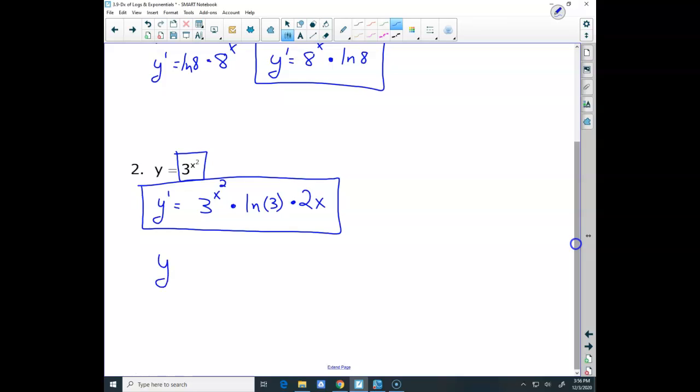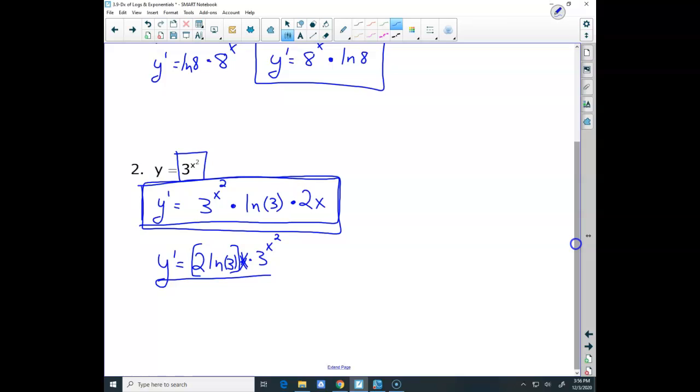I mean, I can try to, and oh, I want to write all my constants and stuff in the front. Okay, so it's 2 ln 3 times x, okay, times 3 to the x squared. And I know I just kind of got that x written in there funky, but it's just long, and it makes just as much sense here as it does compressed right here.